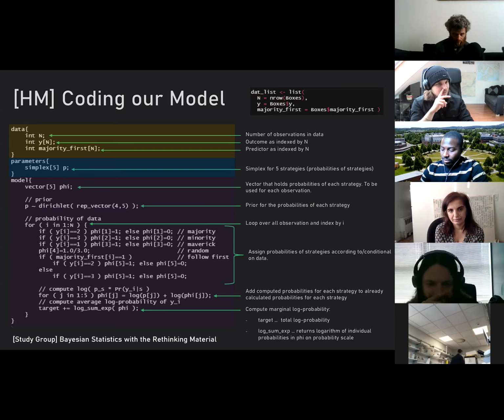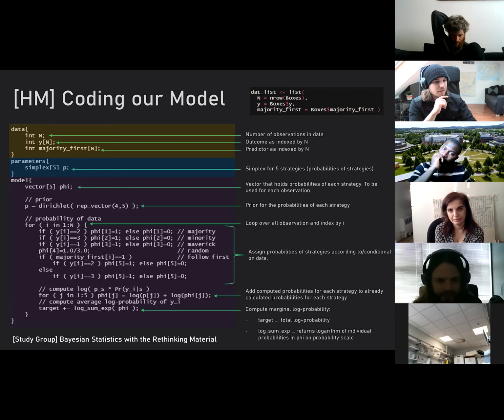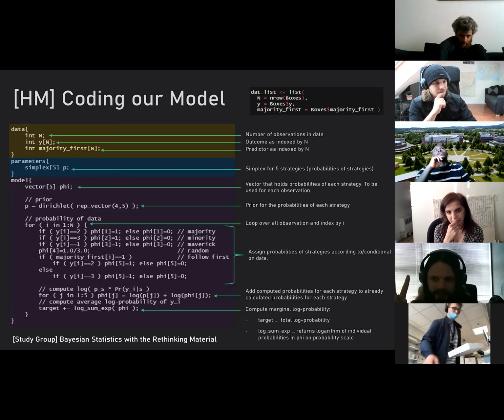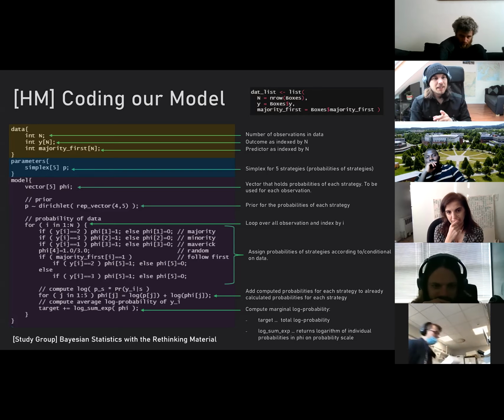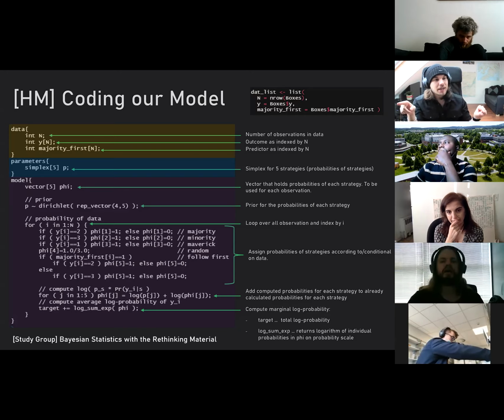Wait. There's one thing, like maybe it's moving slow here. So if majority first is 1, and yi equals 2, then phi 5 equals 1, but also phi 1 equals 1 in that case. So now there's two things that have like 100% probability. Yes, but these aren't the probabilities of the strategies. These are the probabilities of seeing the currently seen color under each strategy.